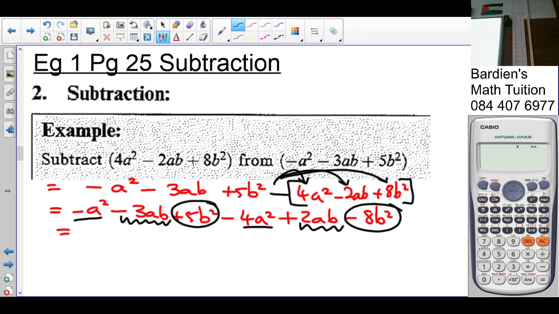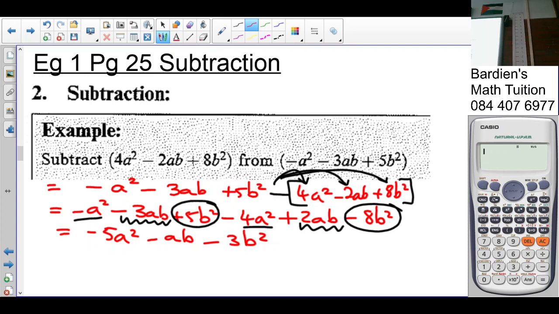No. So what is negative a squared minus 4a squared? Negative 5a squared. Remember, when you're adding and subtracting, the variables stay the same. Negative 3ab plus 2ab is negative ab. 5b squared minus 8b squared is negative 3b squared.